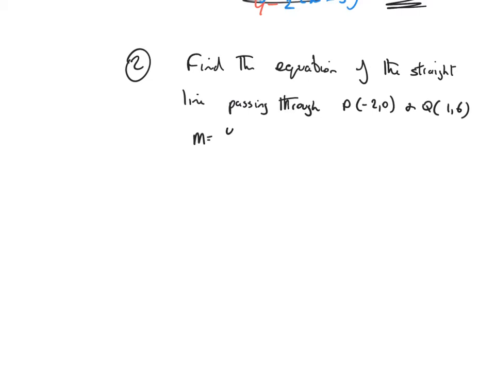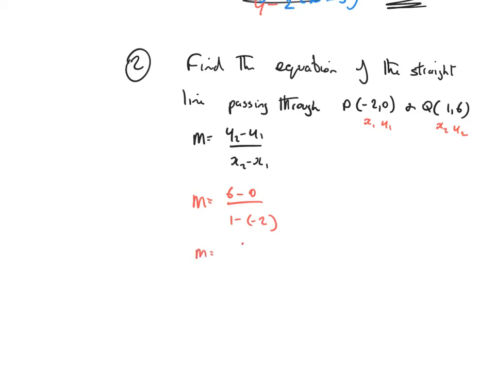So m equals y2 minus y1 over x2 minus x1. Let's just label our coordinates: x1, y1, x2, y2. So that's going to be 6 minus 0 over 1 minus minus 2.